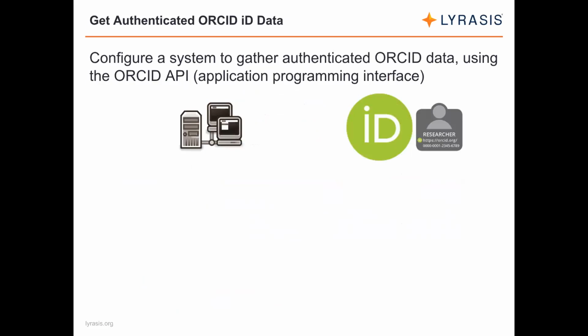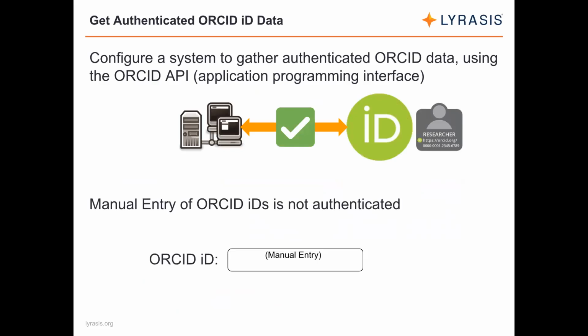To get the most value from ORCID, institutions need to use the ORCID API to connect systems with researchers' authenticated ORCID IDs. This means having the user sign in to their ORCID record and authenticating their ID to ensure a secure and accurate connection between institutional systems and the ORCID registry. If a researcher is asked to manually type or cut and paste their ID into a form, there's no way to ensure that this is a secure connection.